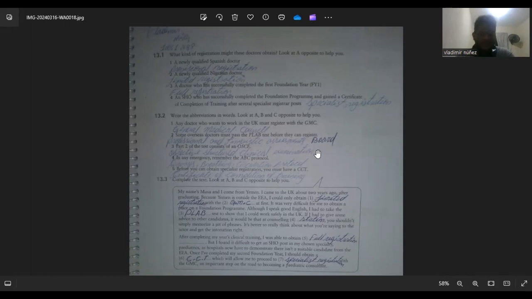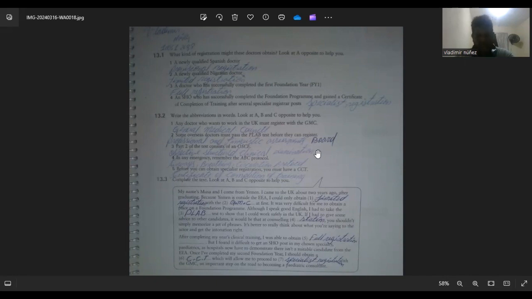And a doctor who has successfully completed the first foundation year: full registration. A doctor who has successfully completed the foundation program and gained a certificate of completion of training after several years: specialist registration.